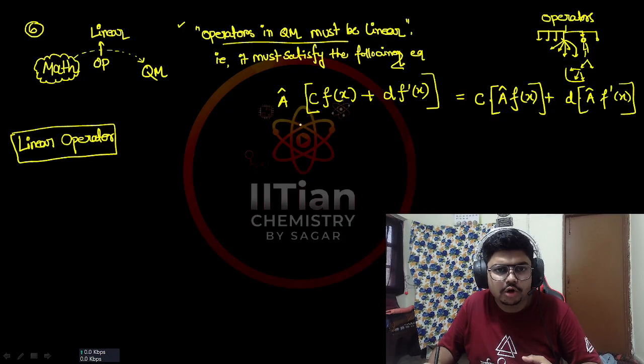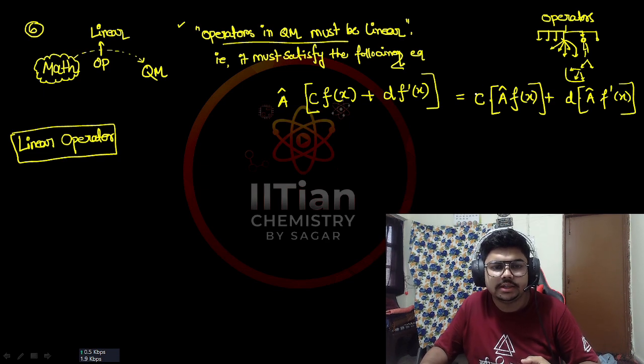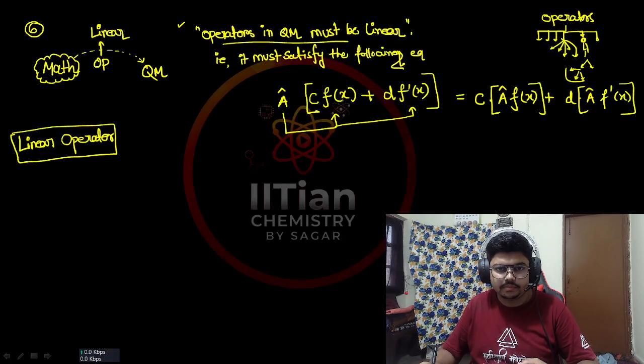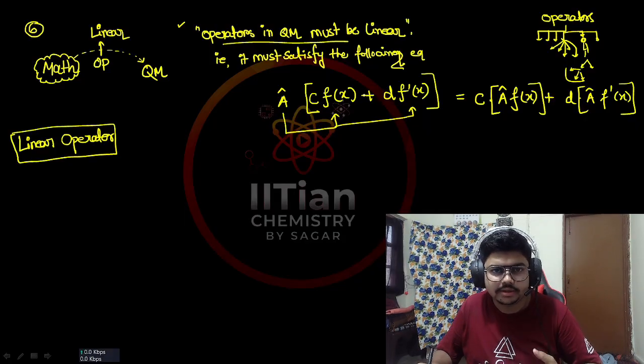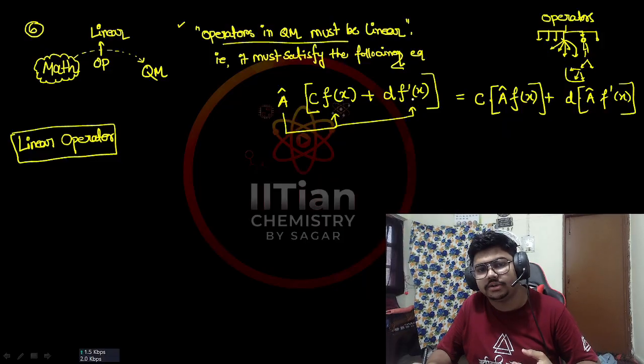the operator must not operate on a constant entity. That's why the constant is outside. The operator will not operate on constants, and the operator will operate on functions additively. So A can operate separately on both f of x and f dash x.